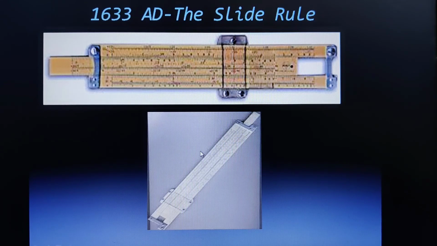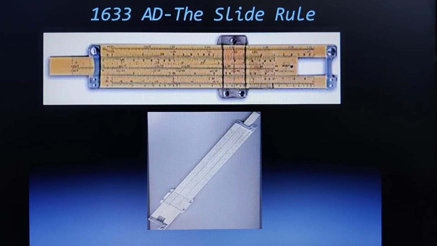This slide rule was based upon one principle: the actual distance from the starting point of the rule is directly proportional to the logarithm of the number printed on the rule.